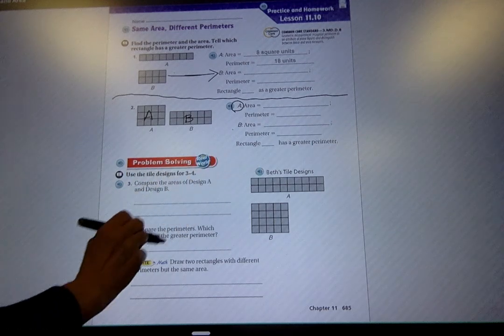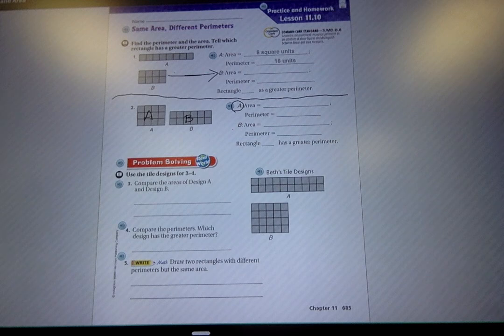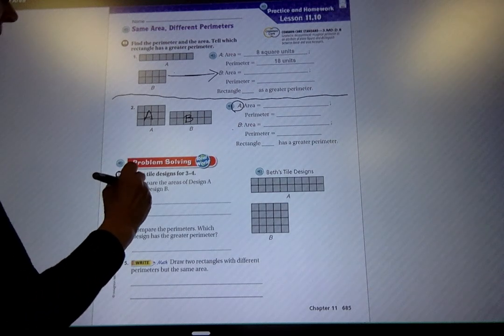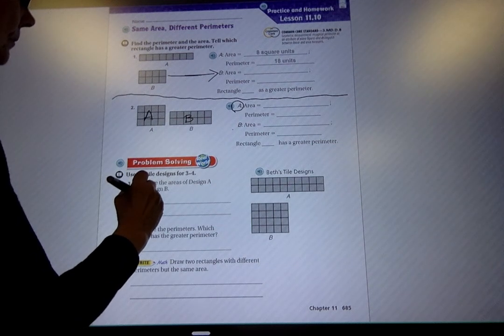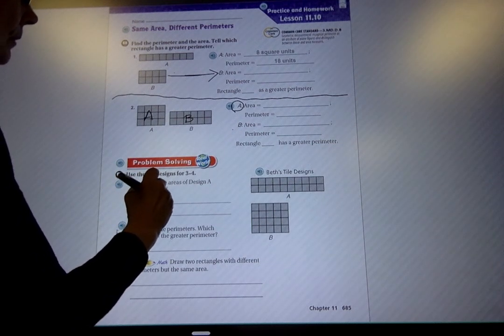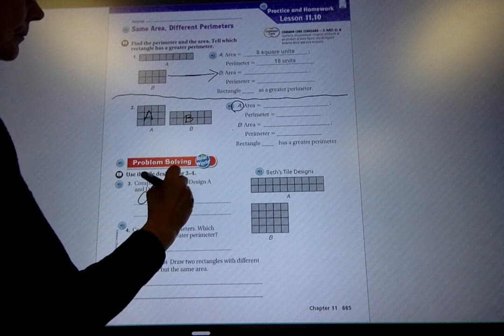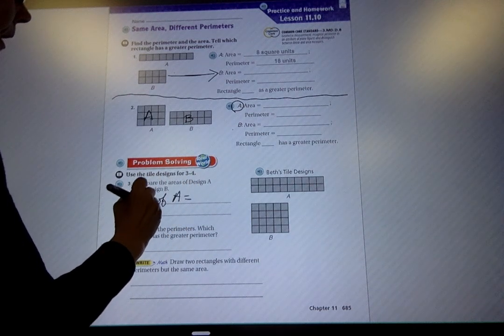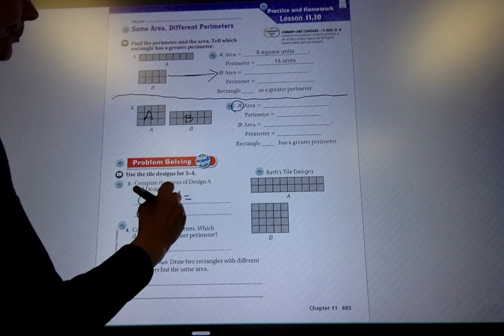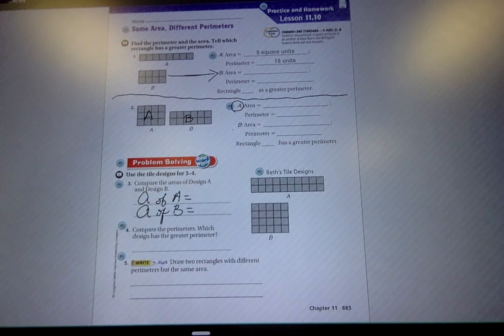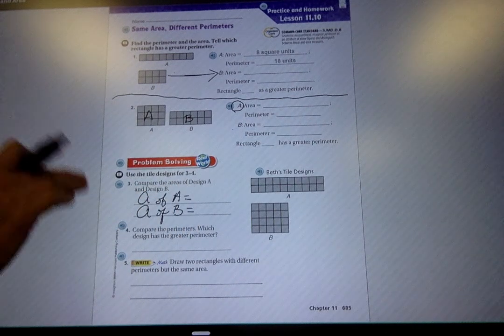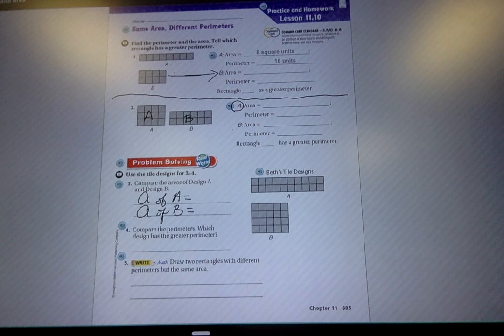Here's Beth's tile designs. Compare the areas of design A and design B. So you're just going to say area of A equals area of B equals. Then it says compare the perimeters.